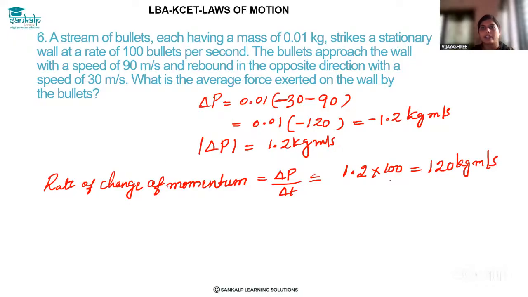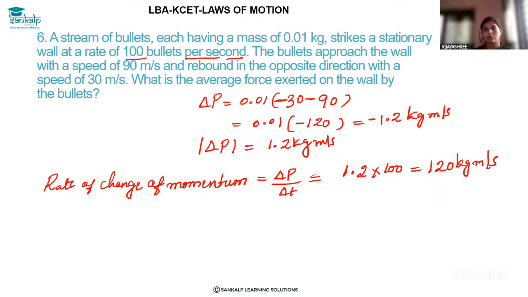Why did I take 100? Because they have given 100 bullets per second. For one bullet, the change in momentum is 1.2 kg meter per second, so for 100 bullets we multiply 1.2 by 100. Since 100 bullets strike every second, the rate of change of momentum is 120 kg meter per second.